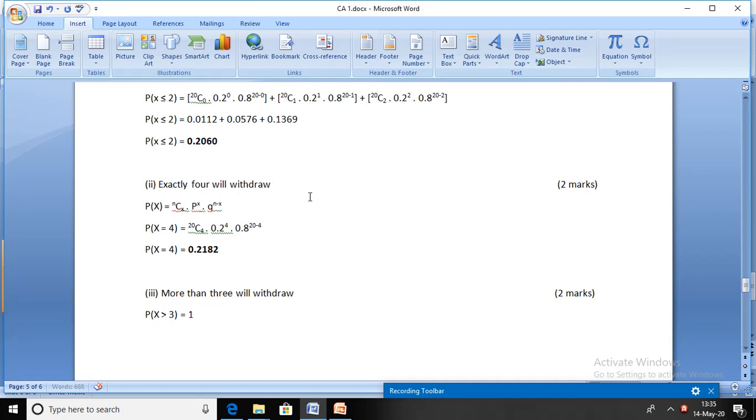So this one, you say 1 minus the probability of 0, or the probability of 1, or the probability of 2, or the probability of 3.